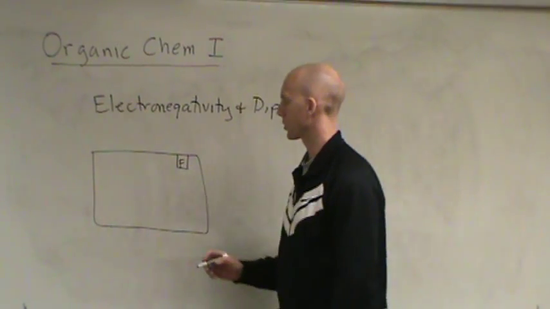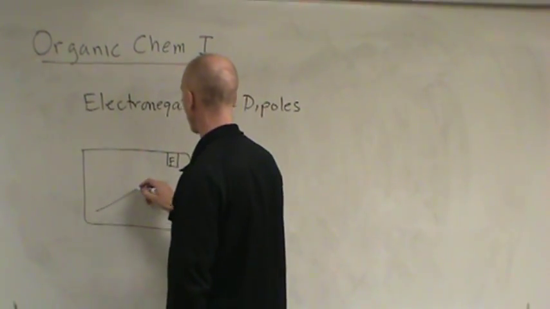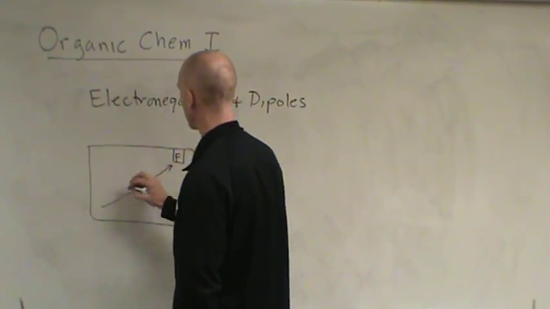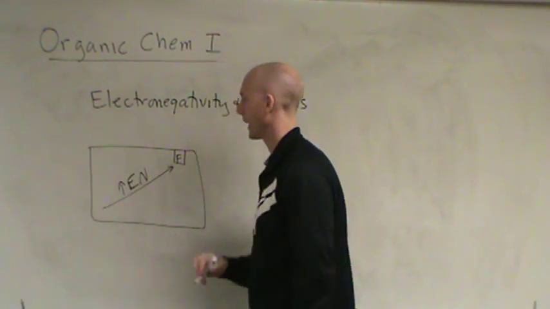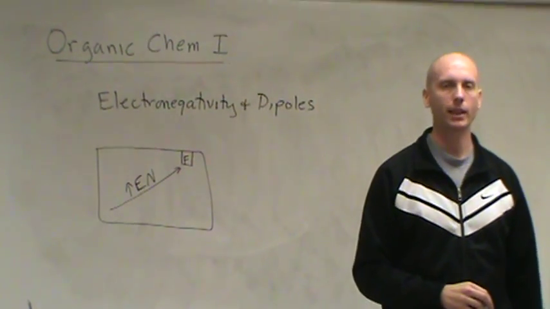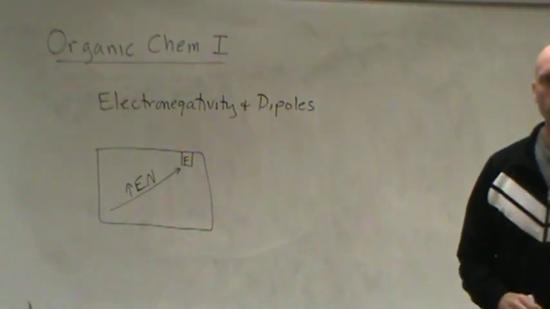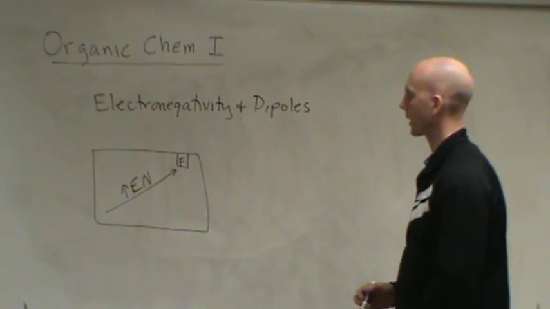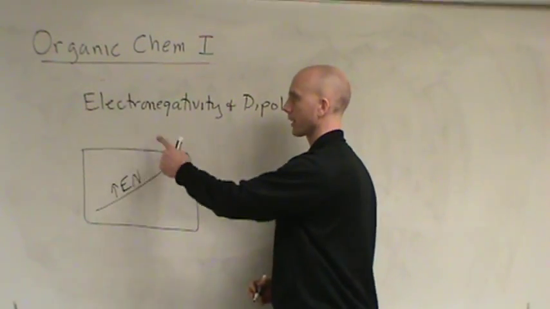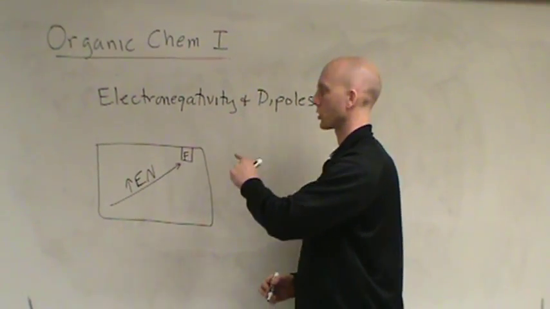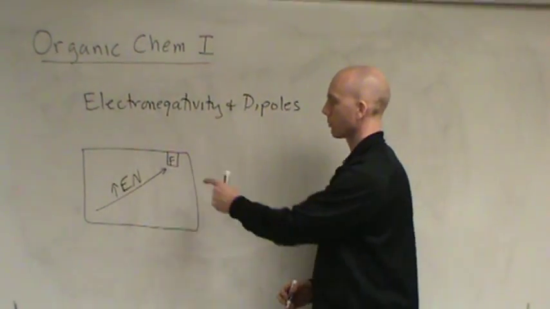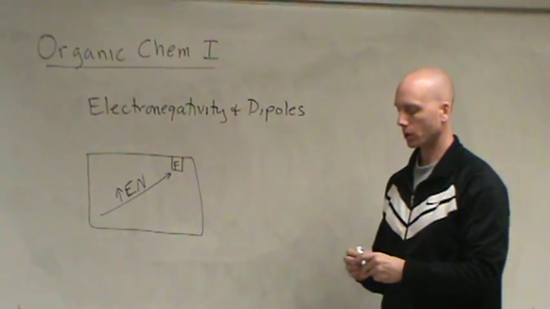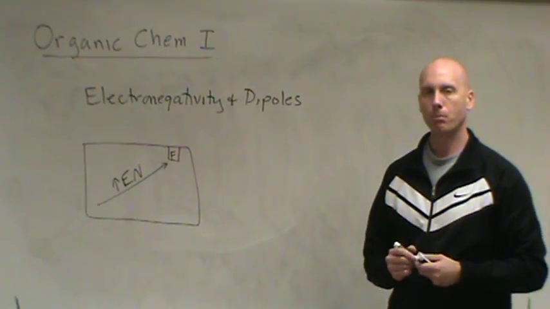And so as we move in this direction up to fluorine, our EN, or our electronegativity, increases. So anything close to fluorine is very electronegative, things like oxygen and chlorine, nitrogen. But fluorine is the most electronegative atom.